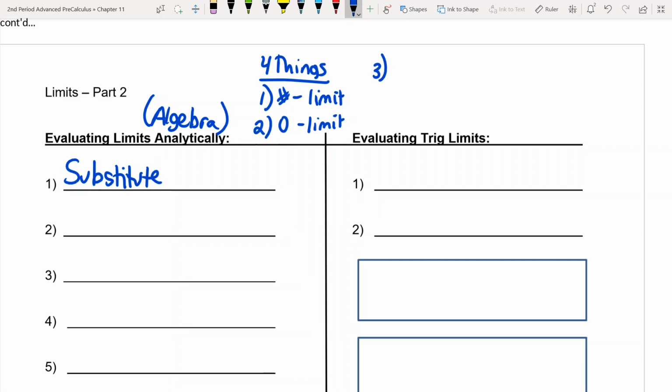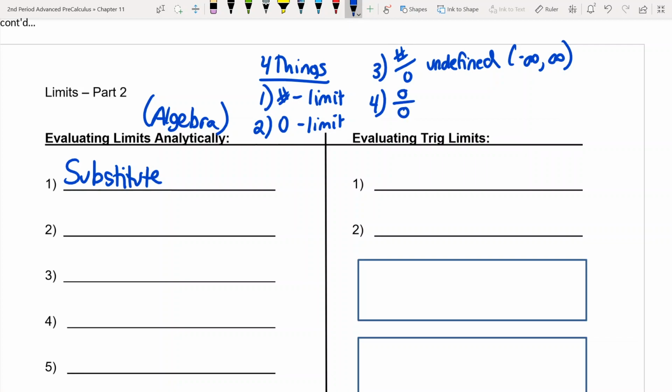The third thing that could happen is you get a number over 0, and you know a number over 0 is undefined. And if you got something that's undefined, we're usually looking at a negative infinity or a positive infinity situation. There is normally a vertical asymptote that would be there. And then the last thing that we could do is we would get 0 over 0.